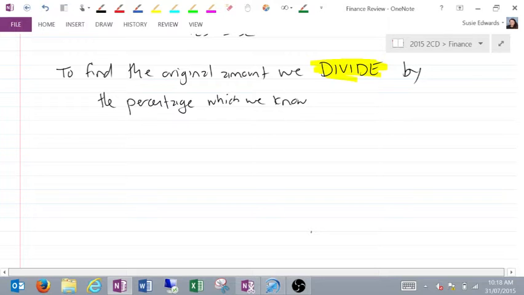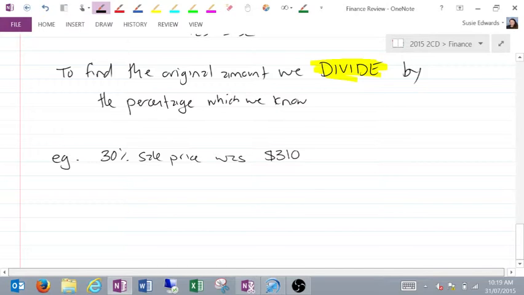So e.g., if I said the 30% off sale price was $310. We're trying to, for all these, we're going to try and find the original amount.